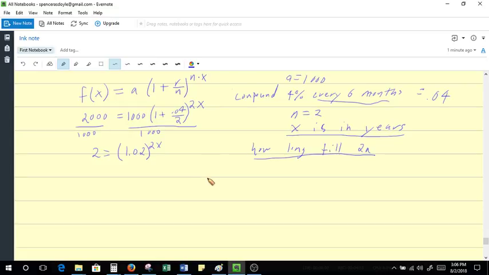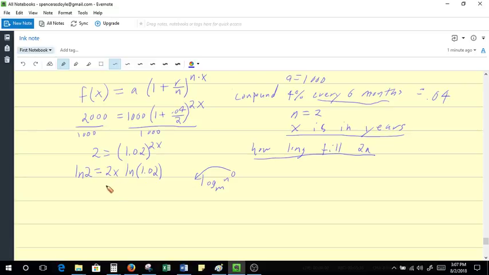Now, recall that when we have this type of situation, to pull it back down, we need to use rules of logarithms. So we're going to end up taking the log of both sides. Remember that in this situation we can pull the exponent to the front. So we take the natural log of both sides, and we can pull the 2x to the front. ln of 2 is equal to 2x ln 1.02.